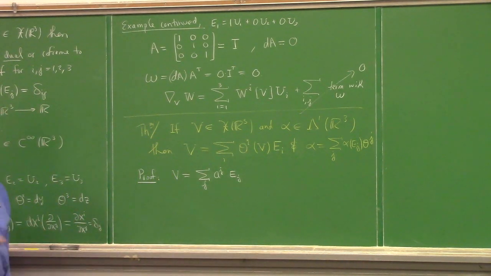That's because e1, e2, e3 is a frame, which means we can write any vector as a linear combination of the frame.